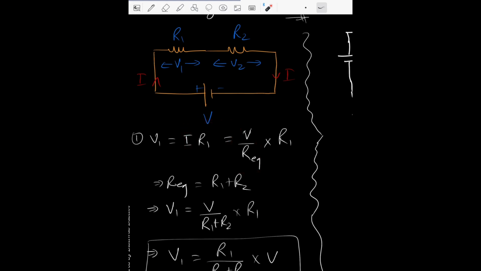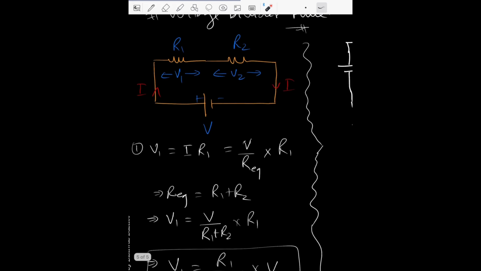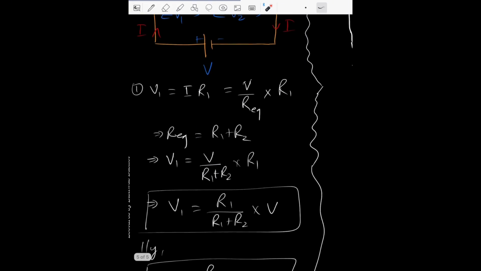It's understood. Cool. Now we know Req in this circuit, because this is a series circuit, we can write that as R1 plus R2. Simple, right? So we will replace that.